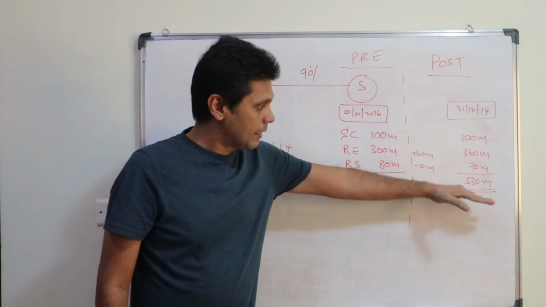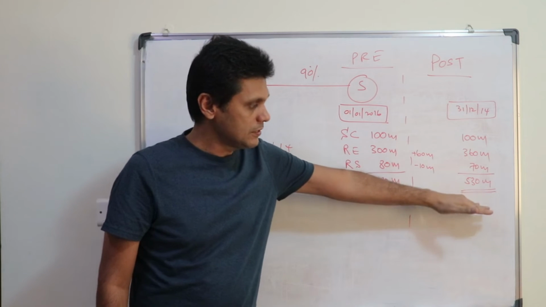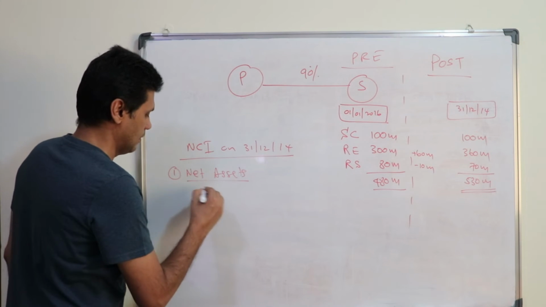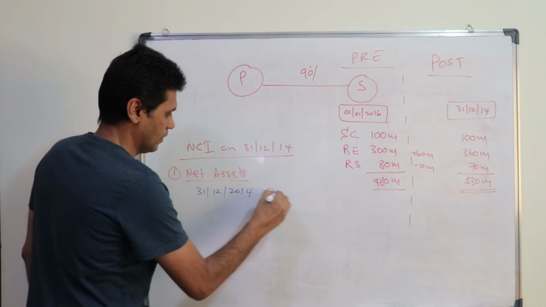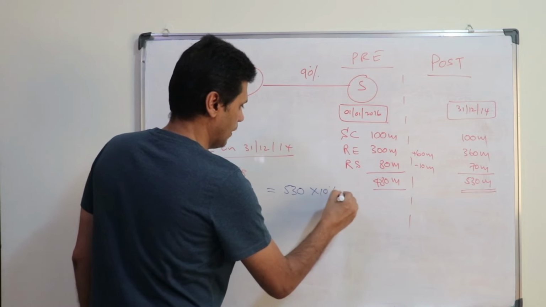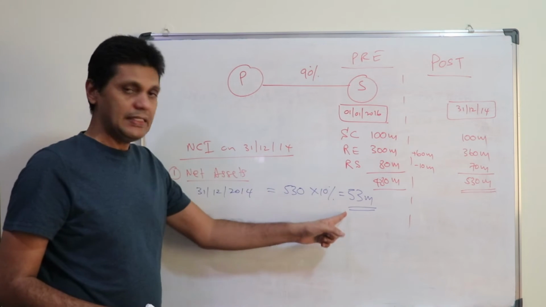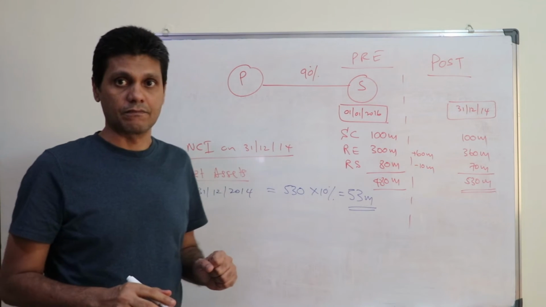Take the net assets at the reporting date straight away, which is 530 million. So net assets on 31st December 2014 was 530 million. On that 10% will be how much? 53 million. So this will be the NCI at the reporting date based on net assets.